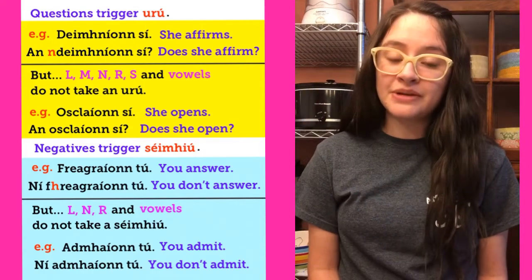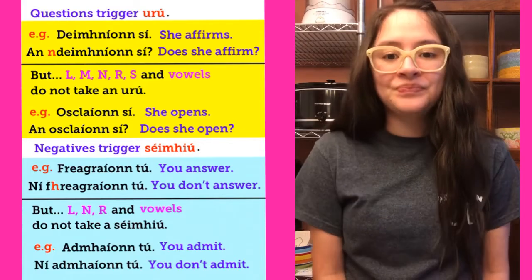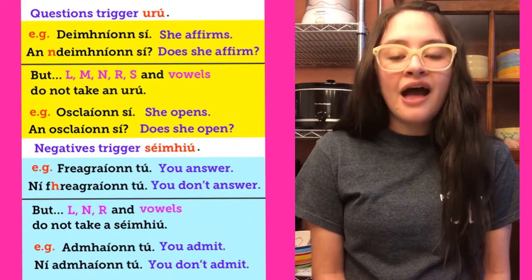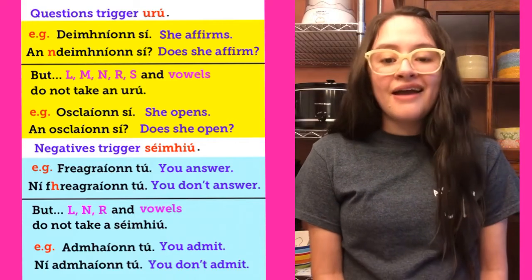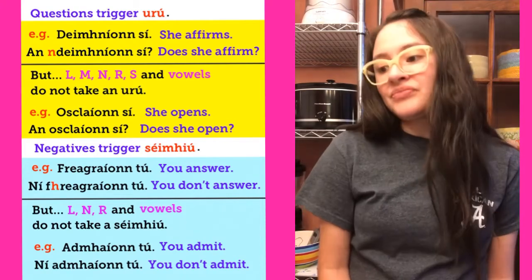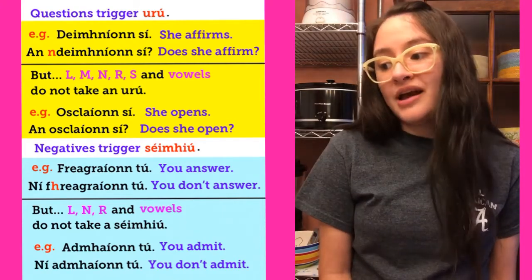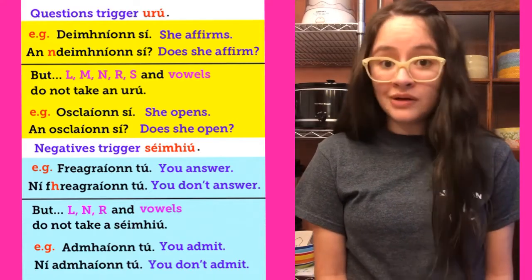And negative statements trigger séimhiú, which is the Irish word for lenition, meaning that we add an H after the initial consonant of the word and it will soften the sound. For example, freagraíonn tú, you answer. Well, ní fhreagraíonn tú, you don't answer.